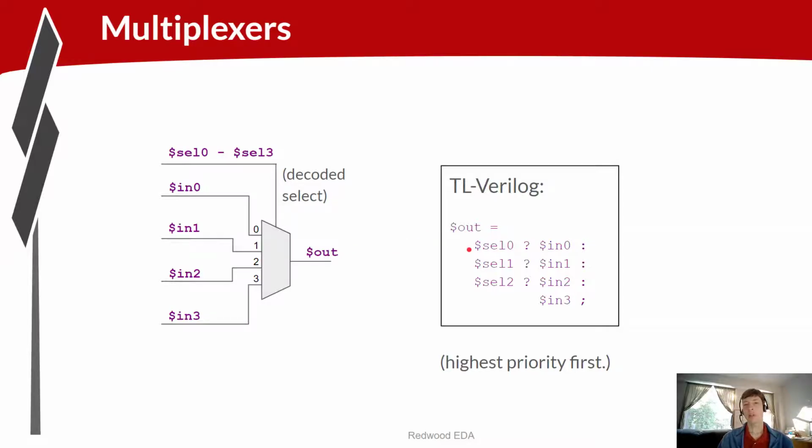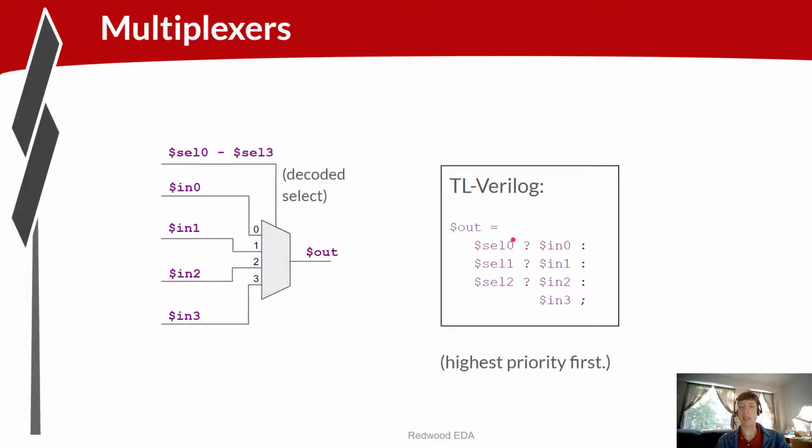And here I'm showing the way that this multiplexer structure is going to be coded in the tutorials in your starting point code and the syntax that you're going to use for the mux expressions. Here I'm showing a single bit mux, but you can do this with vectors as well. So the output of the mux, based on the select inputs, we're going to choose one of the input vectors.